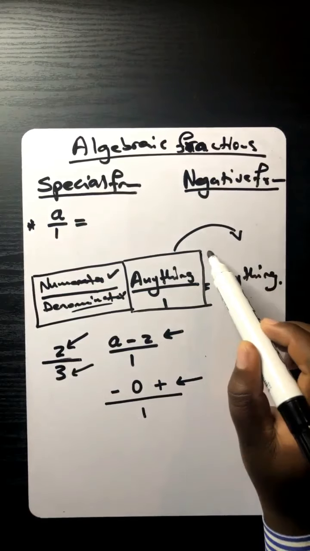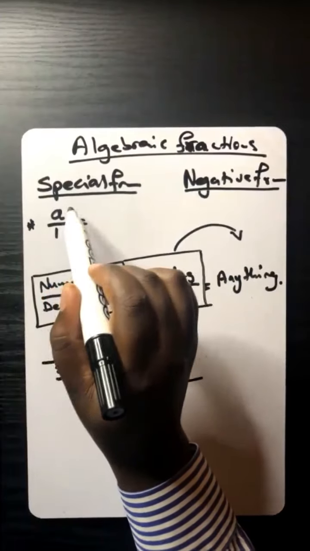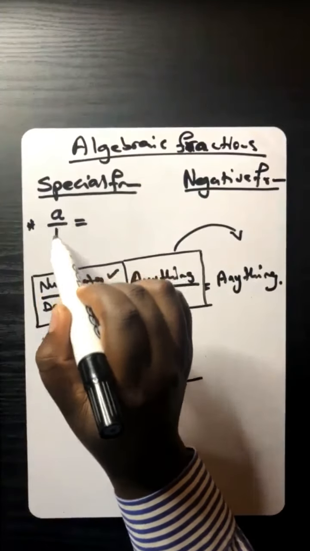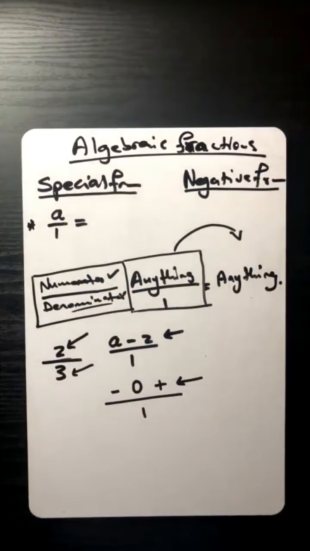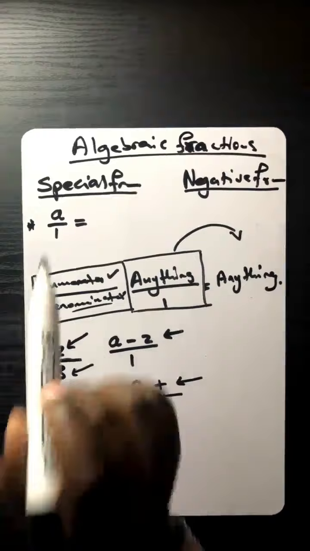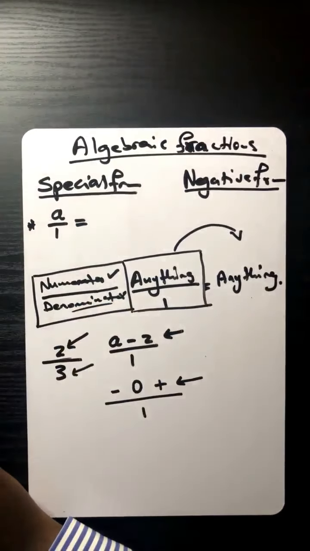So according to this, you set A as numerator over 1. So what is A divided by 1? Can you please repeat, sir? So you agree A is the numerator, isn't it? Yes, sir.